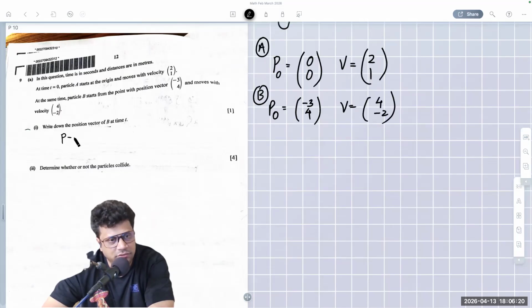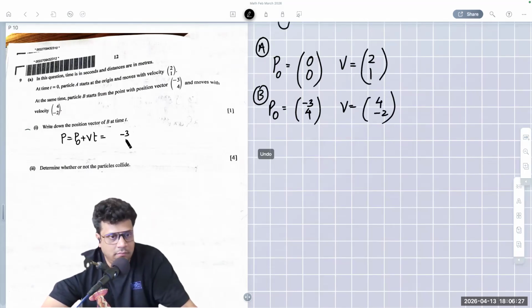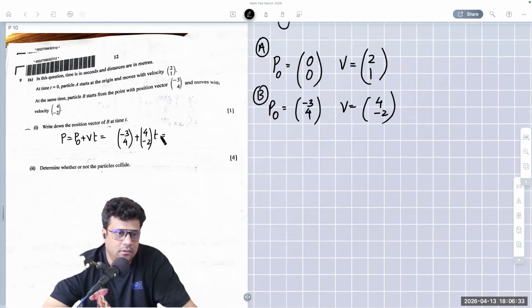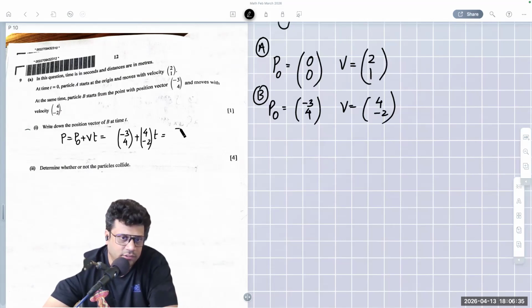Okay, so you use the formula P equals P naught plus Vt. Minus 3, 4 is where it starts, and 4, minus 2 is the velocity. So you're looking at negative 3 plus 4t and 4 minus 2t.